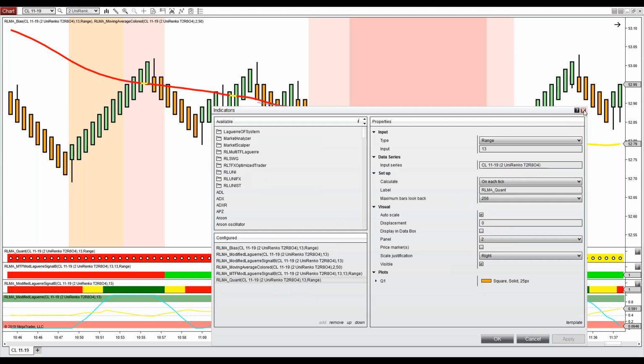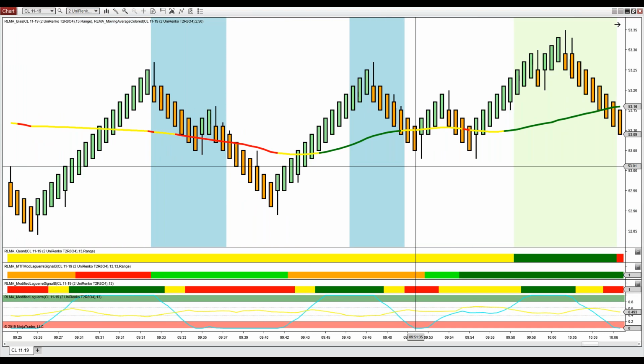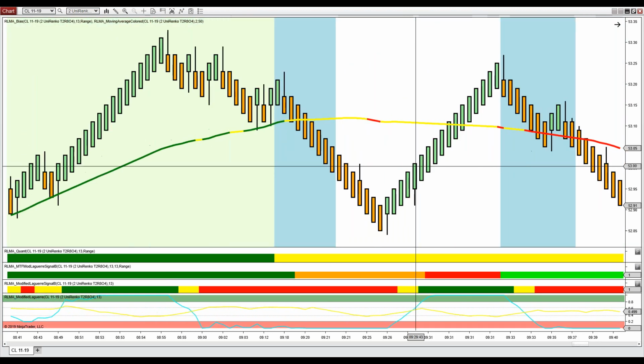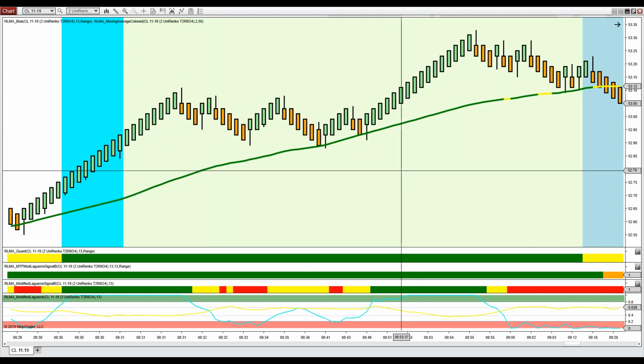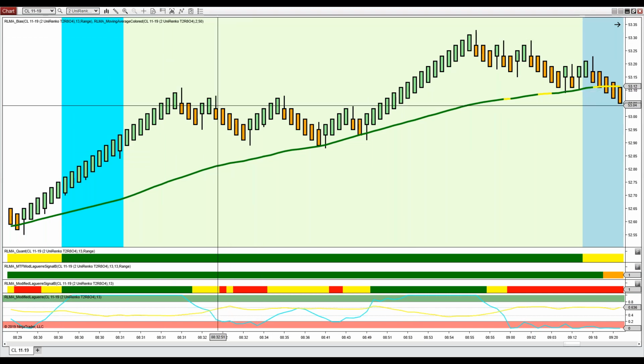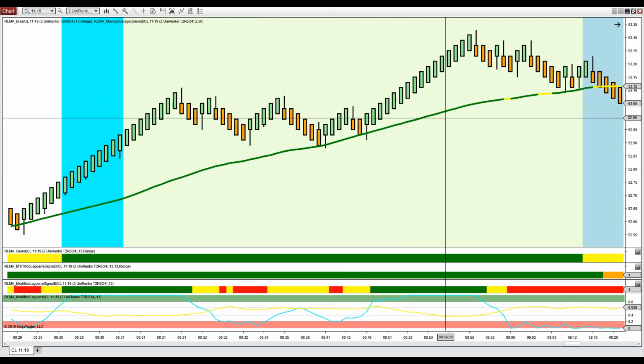Yes, they are. Now, the most important thing that the scanner looks at is the multi-time frame alignment of the financial instrument that you want to trade. Now, I put up crude oil. It doesn't matter whether you're trading a stock, a future, or a Forex instrument.